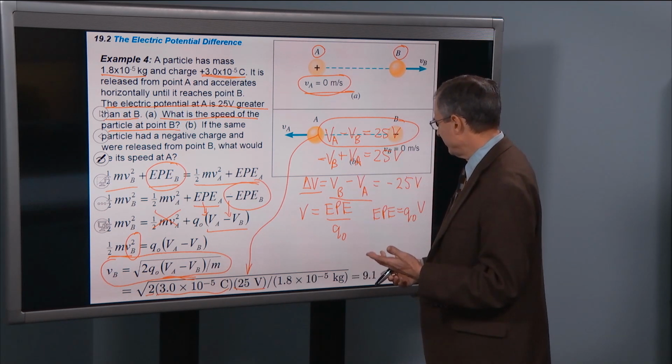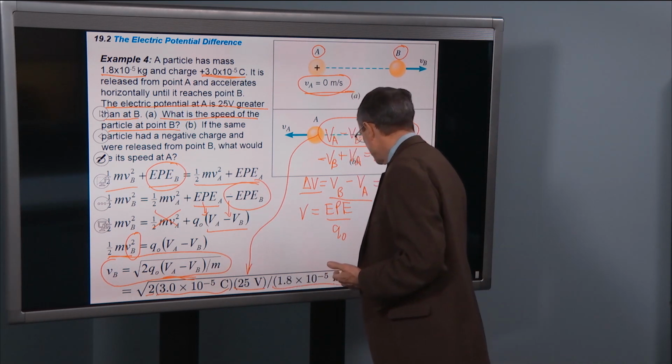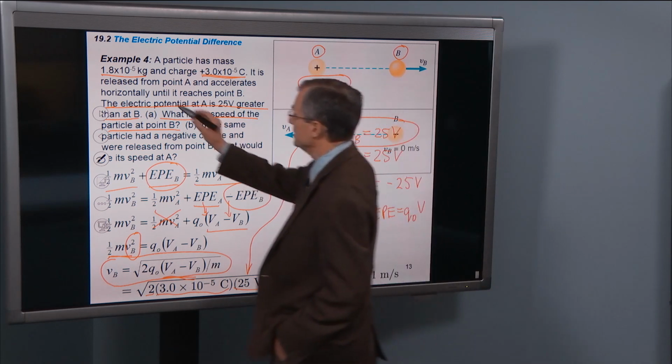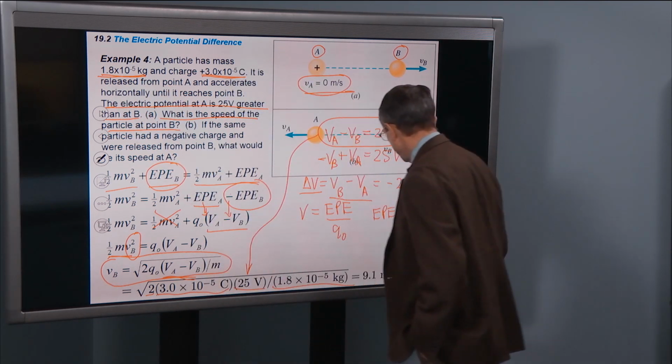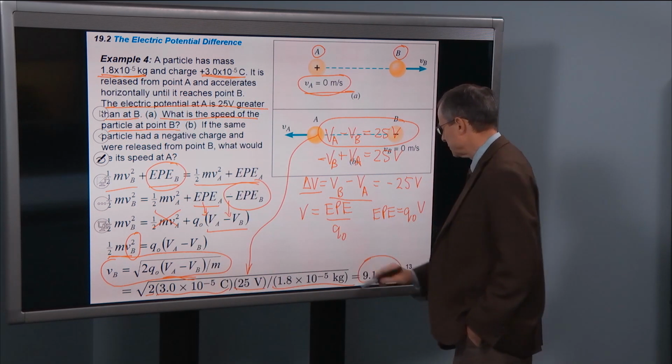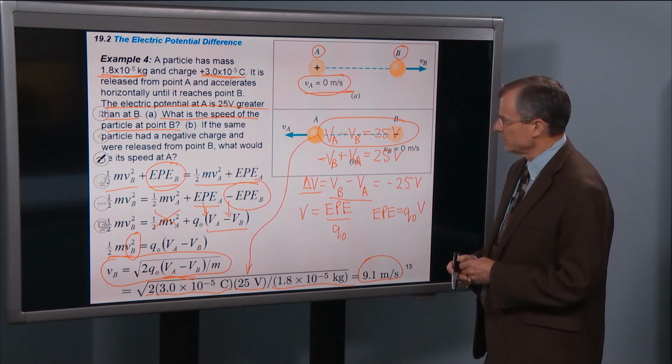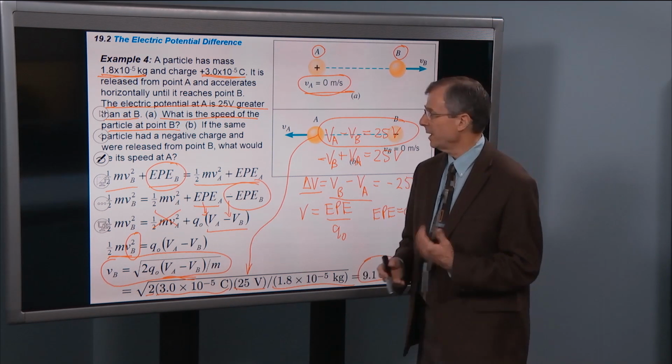So we get the 25 volts, we divide through by the mass, 1.8 times 10 to the minus 5 kilograms, that's this number right here, and we get 9.1 meters per second. So that's what happens for part A.